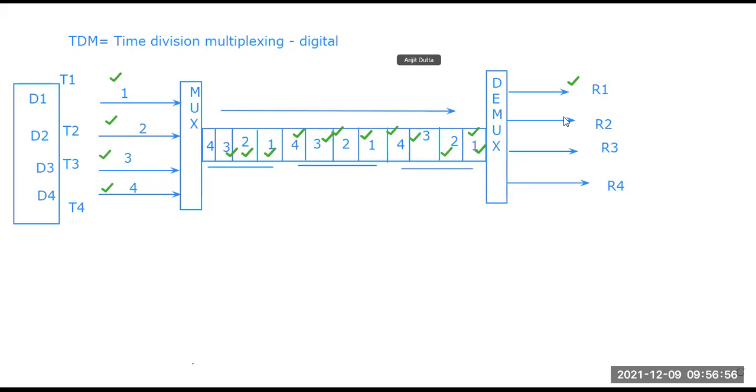When D2 is transferring, it goes to R2. When D3 is transferring, it goes to R3. D4 goes to R4. So a synchronization process is maintained here, and each of these devices has a particular time allotment in the bandwidth channel to transfer its data.